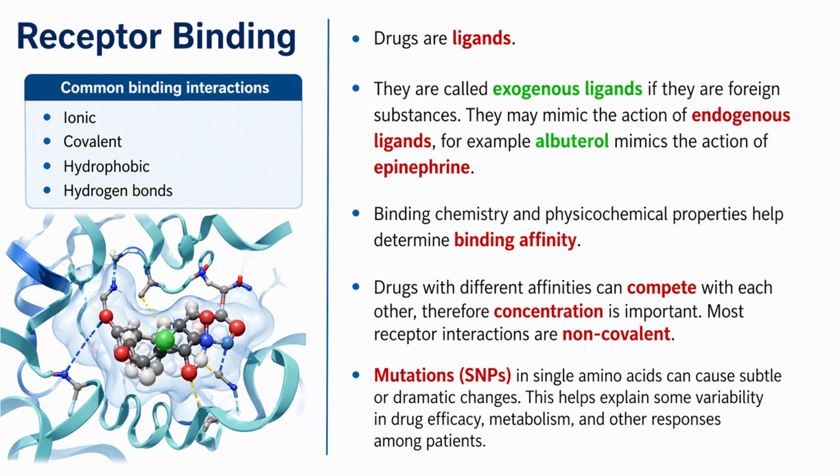Now, ligand binding is not permanent binding. In fact, it's weaker binding, which allows the ligand to go on and off the receptor. And as I mentioned, we don't want ligands to stick to a receptor and stay for a long period of time, because then it's difficult to regulate the on and off periods of that drug.